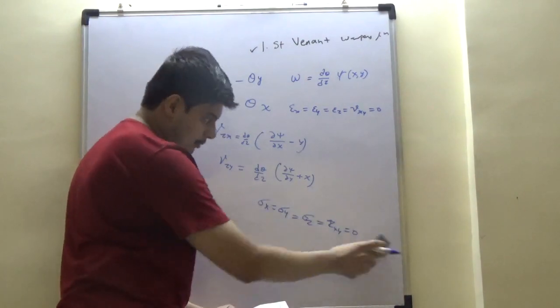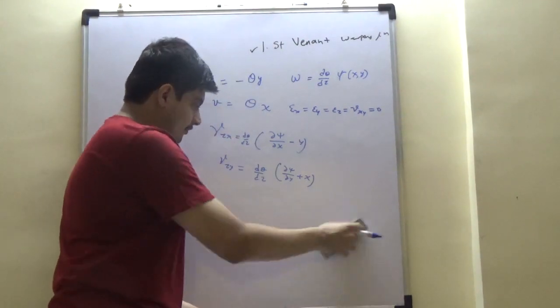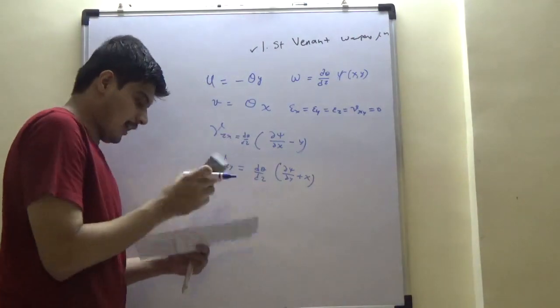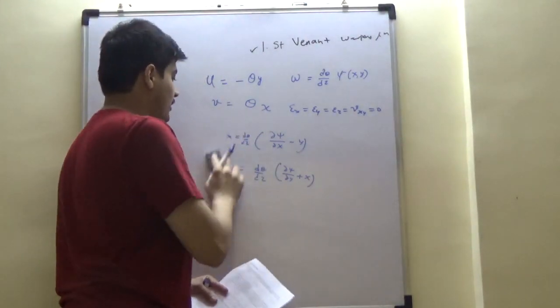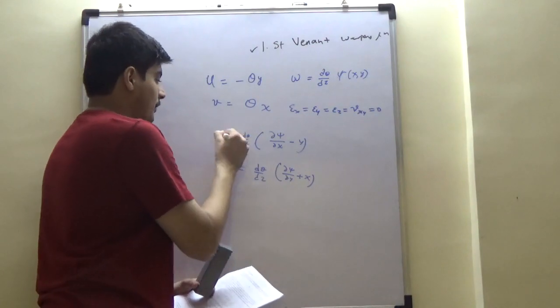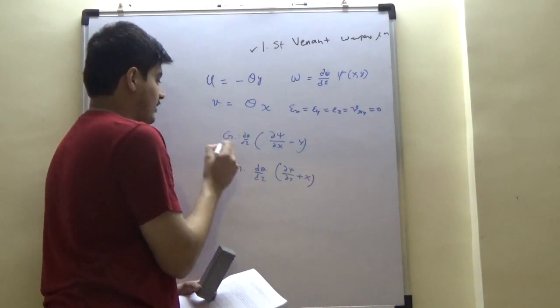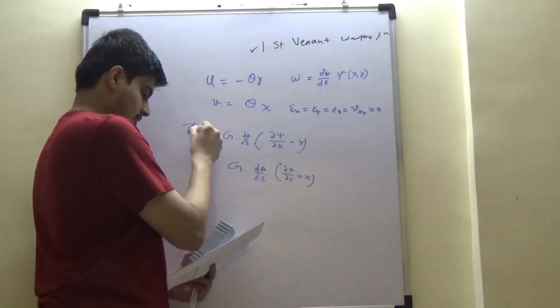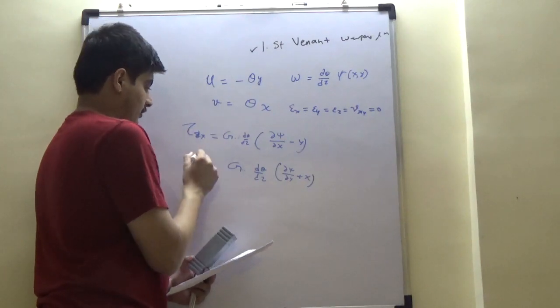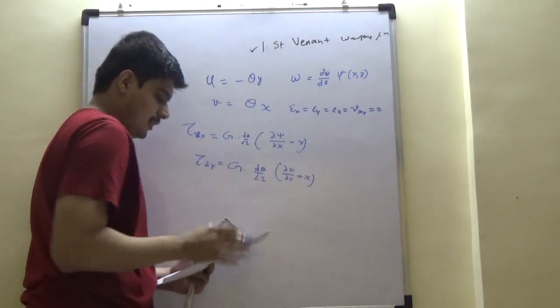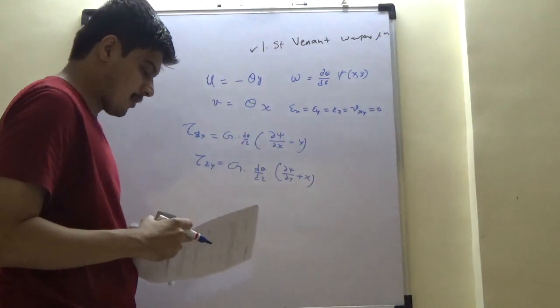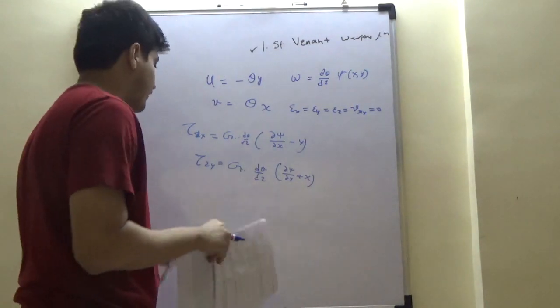All these arguments are very clear to us, and these strains are related to stress simply using G, I multiply it with G on both the sides, and what I am left with is this, correct?